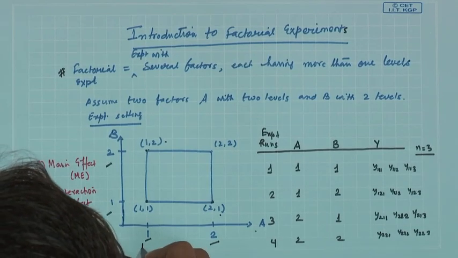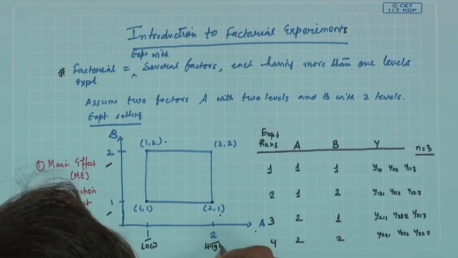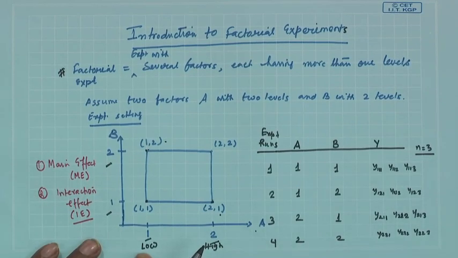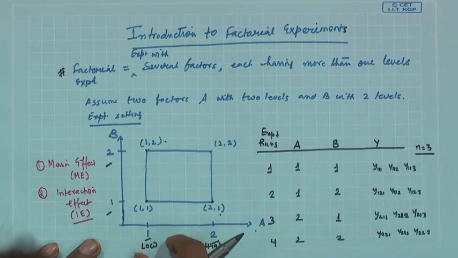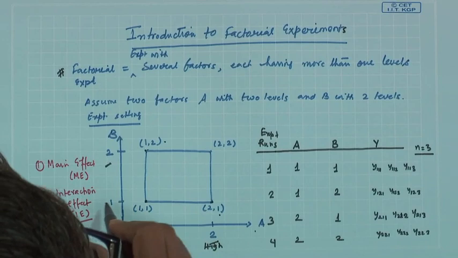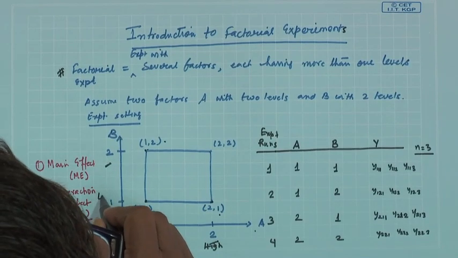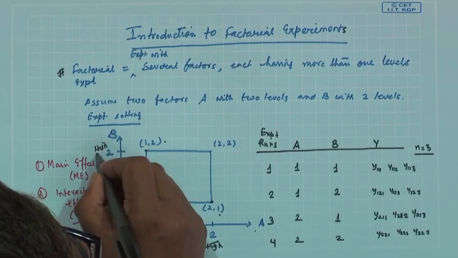Otherwise, we also write that this is low and this is high. So 1 stands for the low value and 2 for the high value, similarly for factor B.